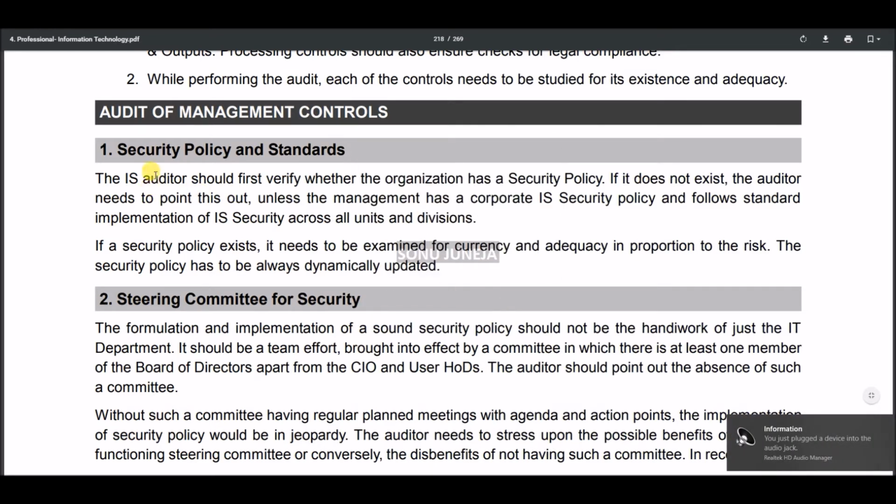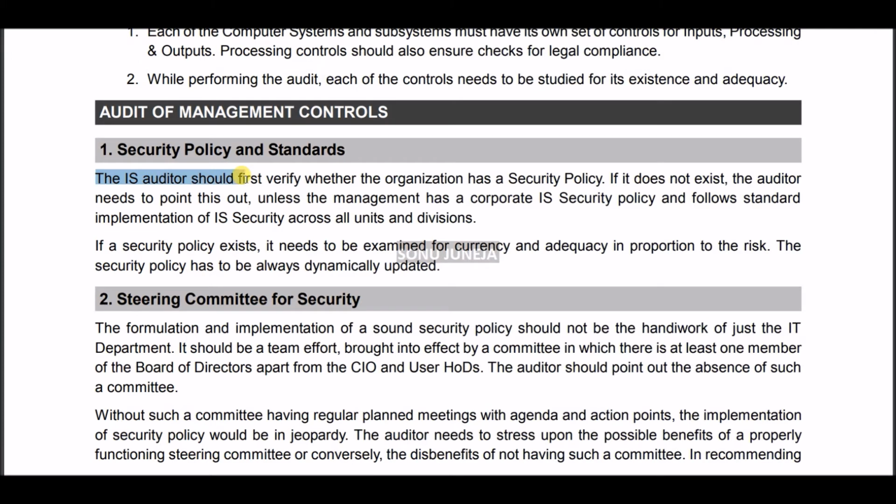Okay, so with respect to security policy standards, under audit of management control, first is security policy standards. The information system auditor should first verify whether the organization has a security policy. If it does not exist, the auditor needs to point this out.